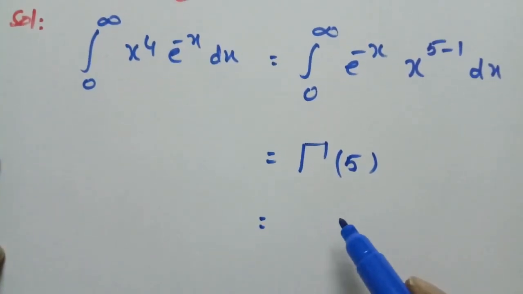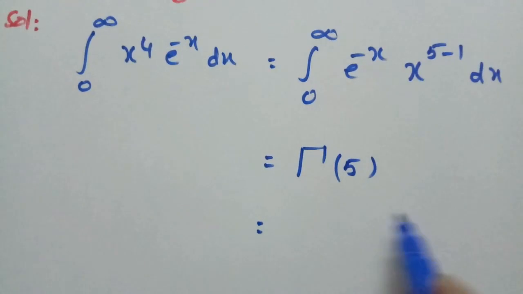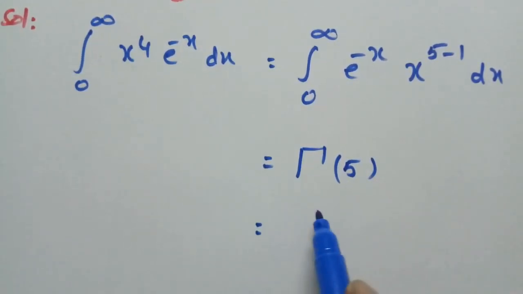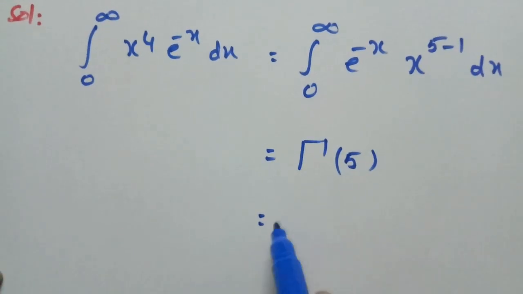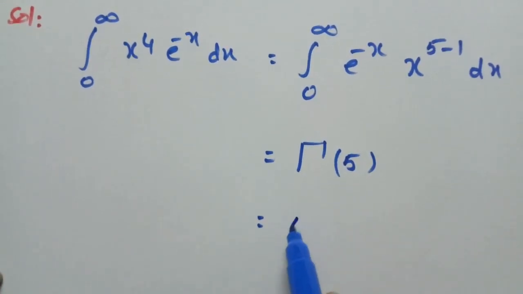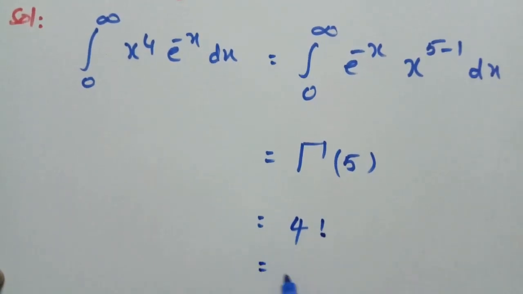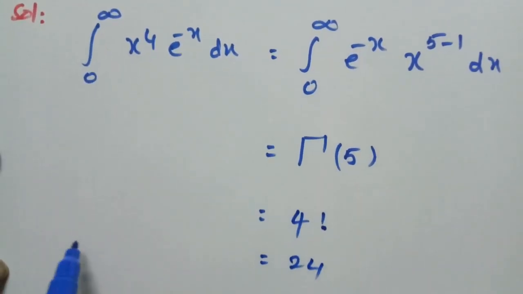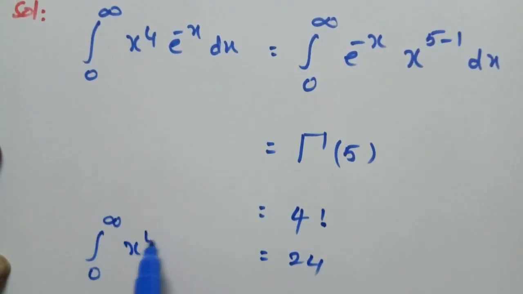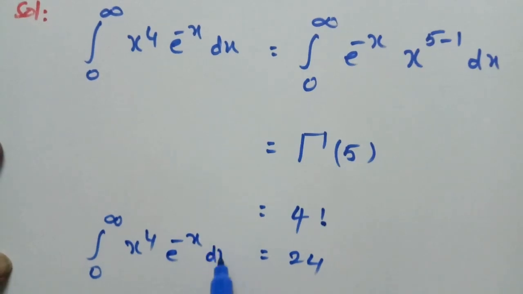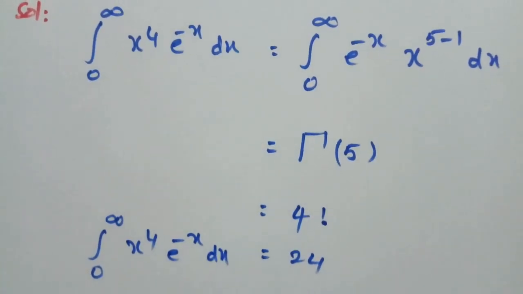gamma of n plus 1 equal to n factorial, if n is an integer, we already explained. So therefore this is 4 factorial, that is equal to 24. This is the integration of 0 to infinity x to the power of 4 into e power minus x dx.